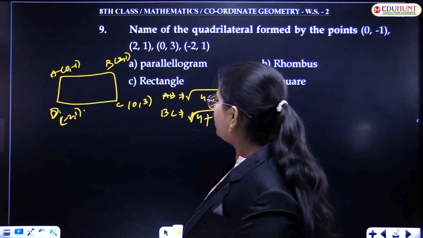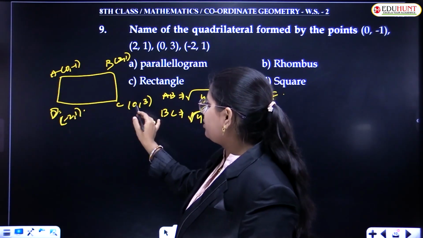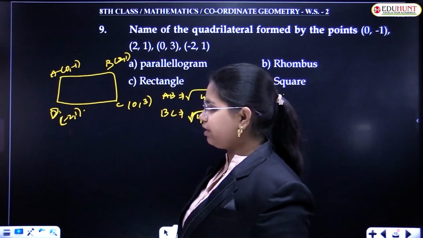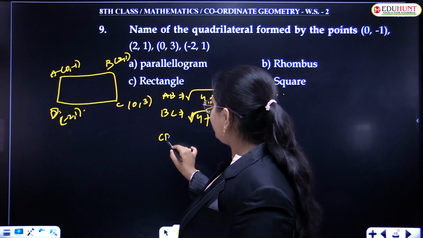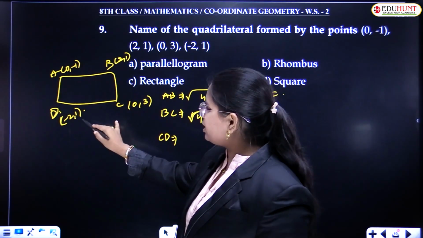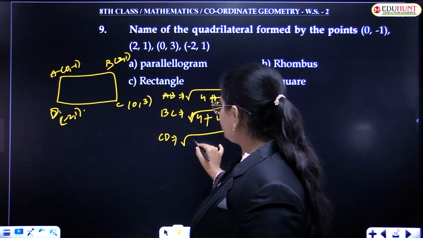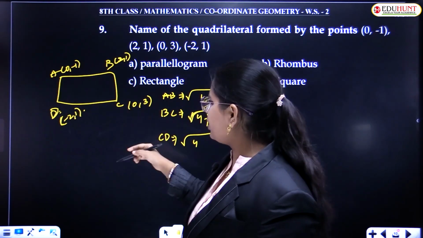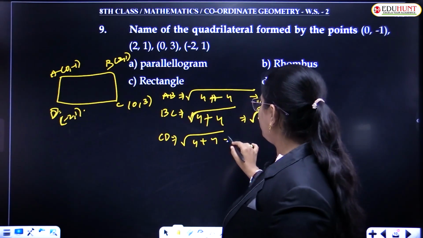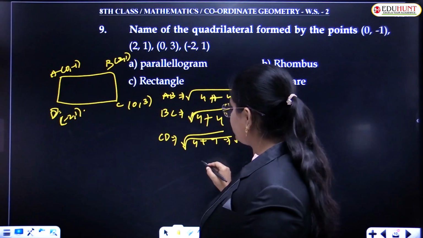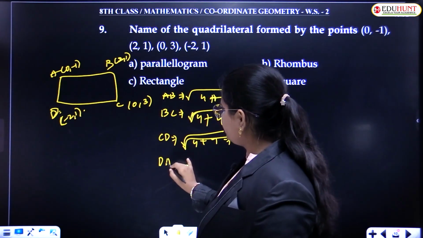Next one, CD. 0 minus of minus 2 whole square is 4, 3 minus 1 is 2 square, which is again 4. Root 4 plus 4 is root 8.